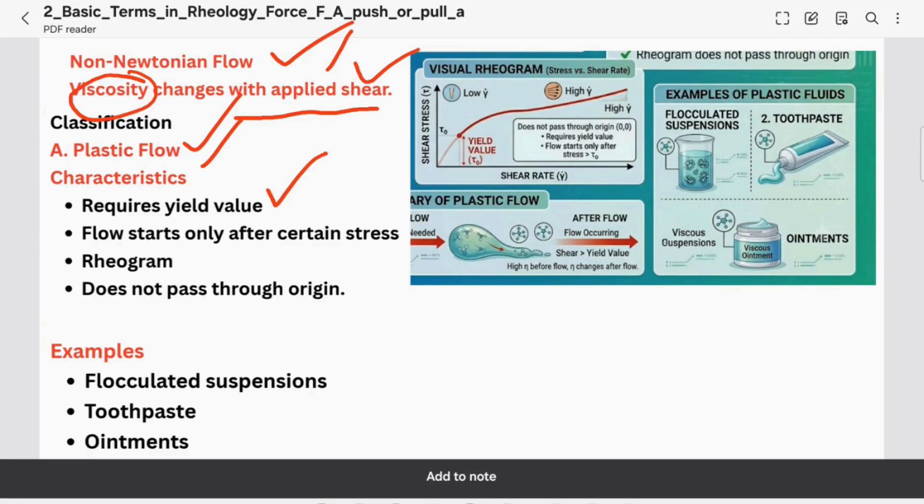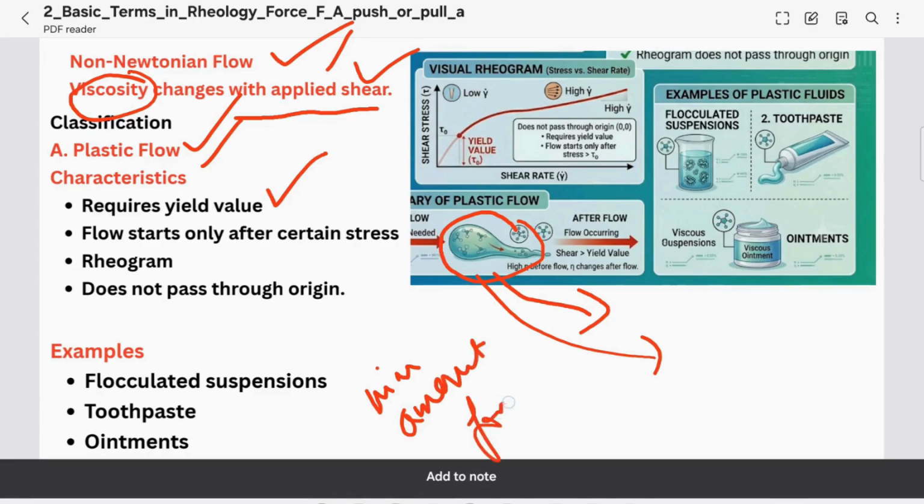Means here, to move this liquid or to make this liquid flow, we require at least a minimum amount of force.